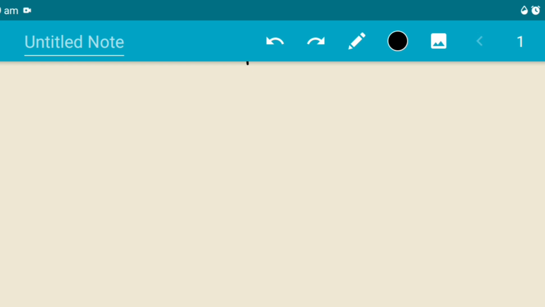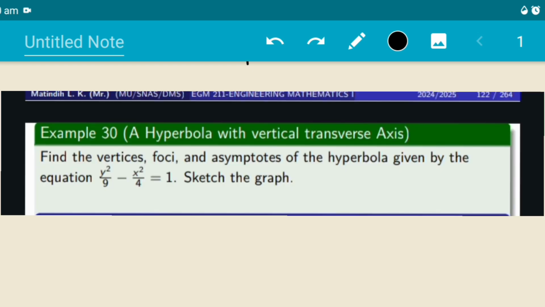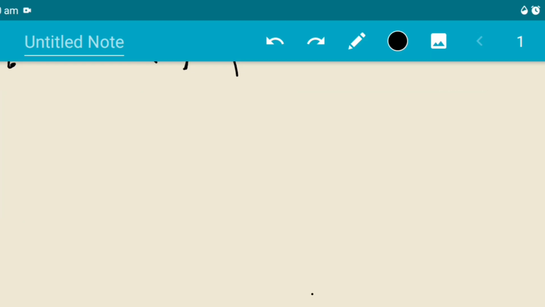Find the vertices, foci, and asymptotes of the hyperbola given by this equation. Our equation is y squared over 9 minus x squared over 4 equal to 1.